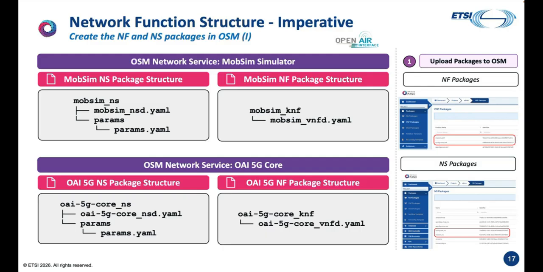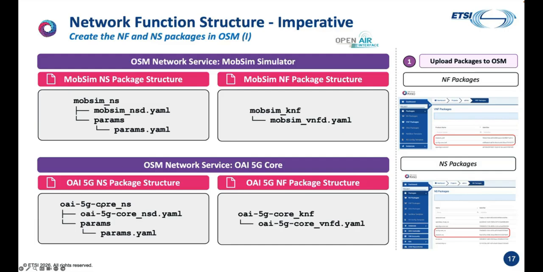It is going to create some handover events in the RAN to check how the location management function is working, and how you can expose an approximate location of the UE through the network exposure function, using OpenOP if you want to use the CAMARA definition or OpenCAPIF if you want to use a 3GPP API definition. So we already have those packages, one for the MobSim and the other one for the 5G core.